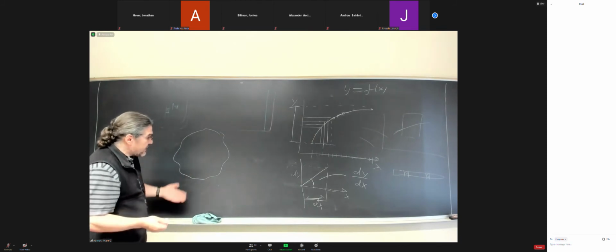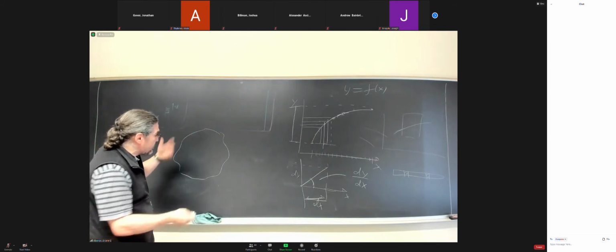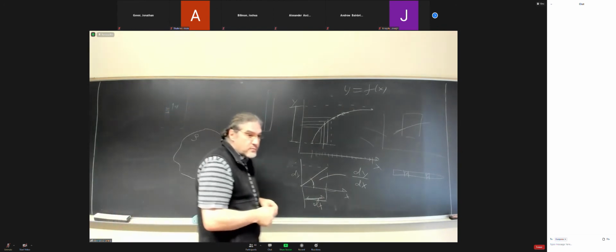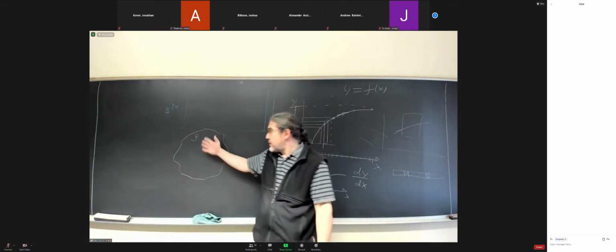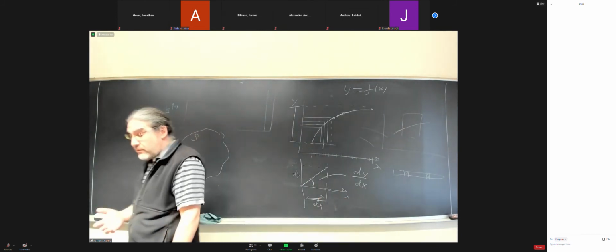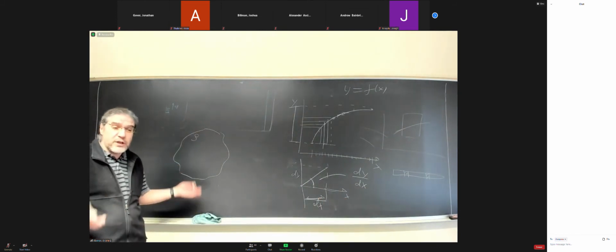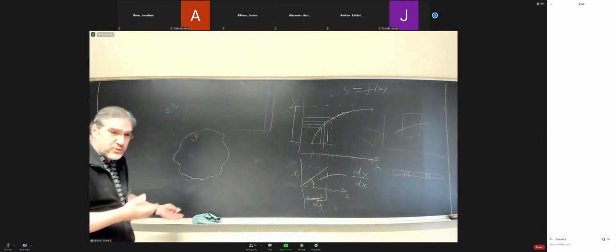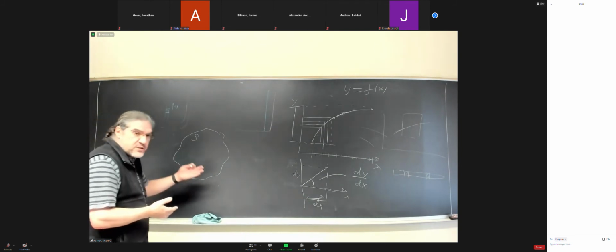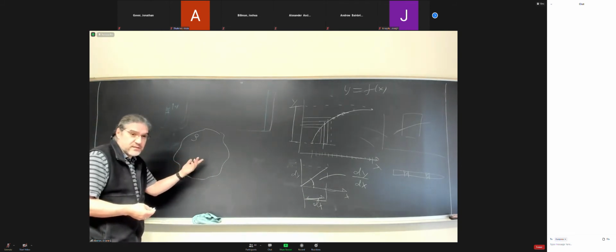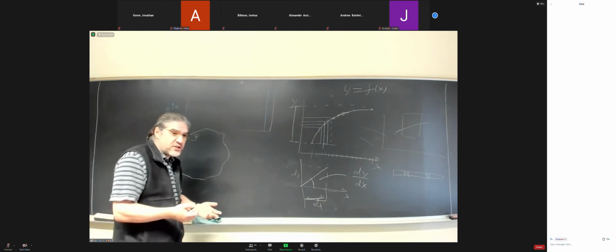So then let's imagine that we know rho, the density of that object at each point of our object, and we want to calculate the total mass of the object. How do we do that if the density is changing? Well, we first start with what is the density. What does it mean that density is changing?